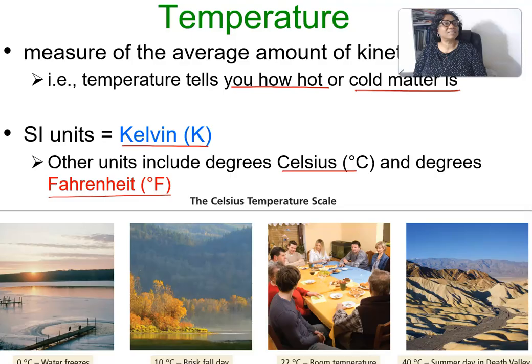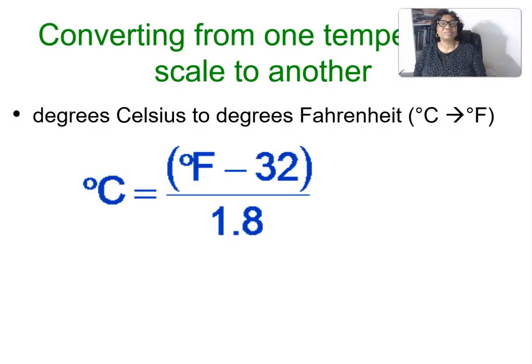How do we convert the temperature unit from one to the other? So degrees Celsius equals Fahrenheit minus 32 over 1.8.